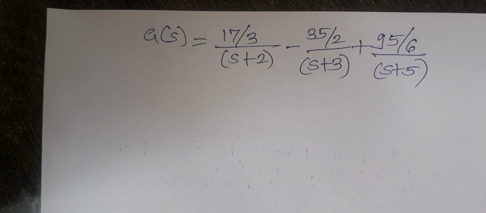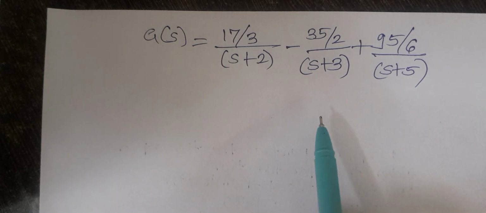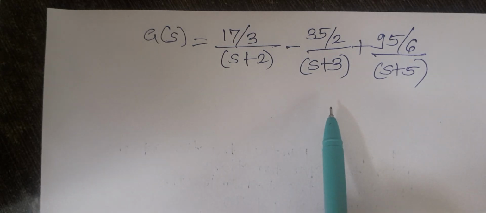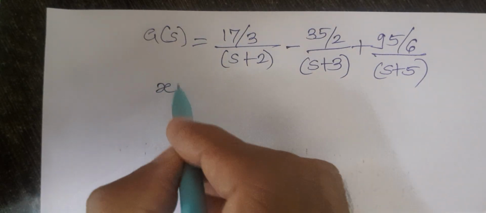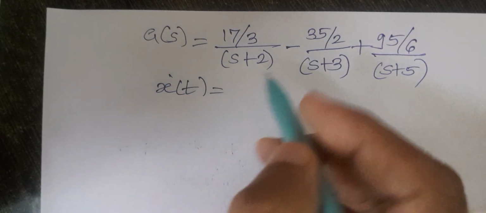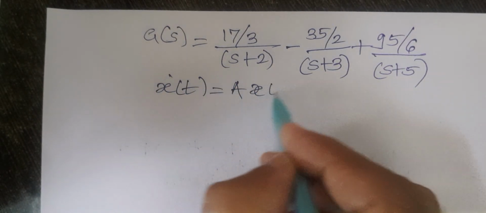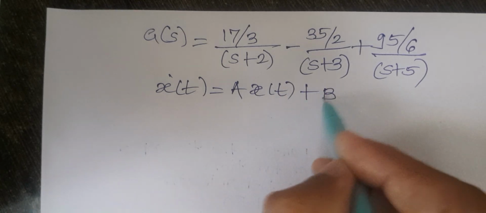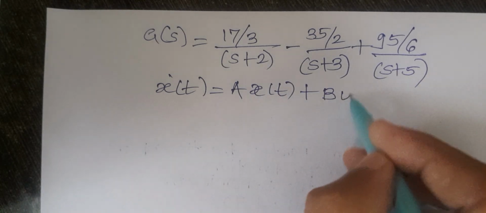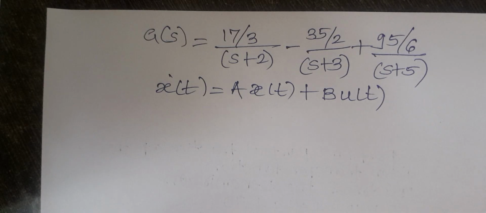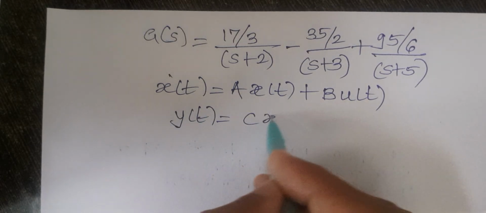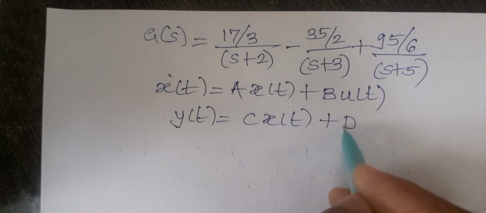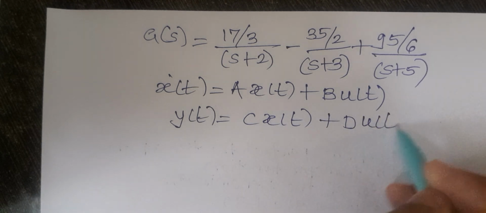Now, by using these residues and poles, the diagonal canonical form can be written as x dash of t is equal to A into x of t plus B into u of t, and y of t is equal to C into x of t plus D into u of t.